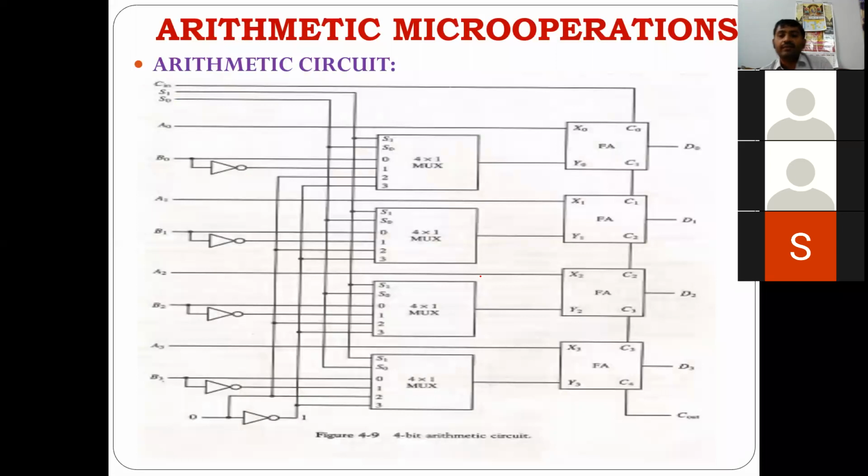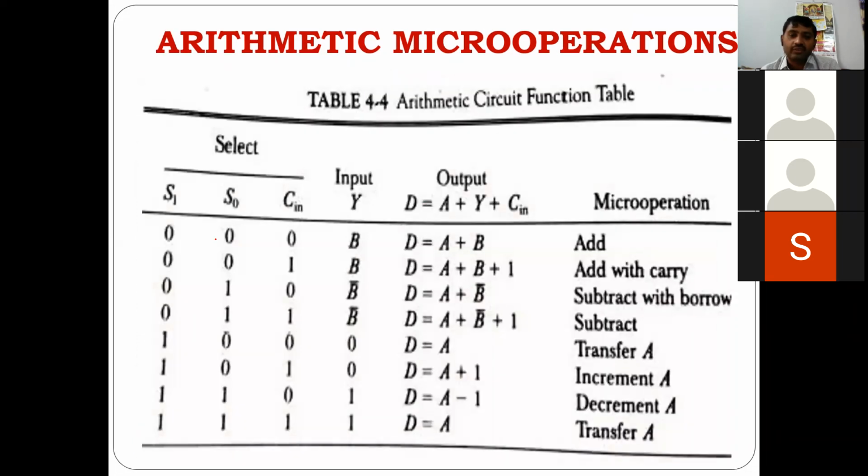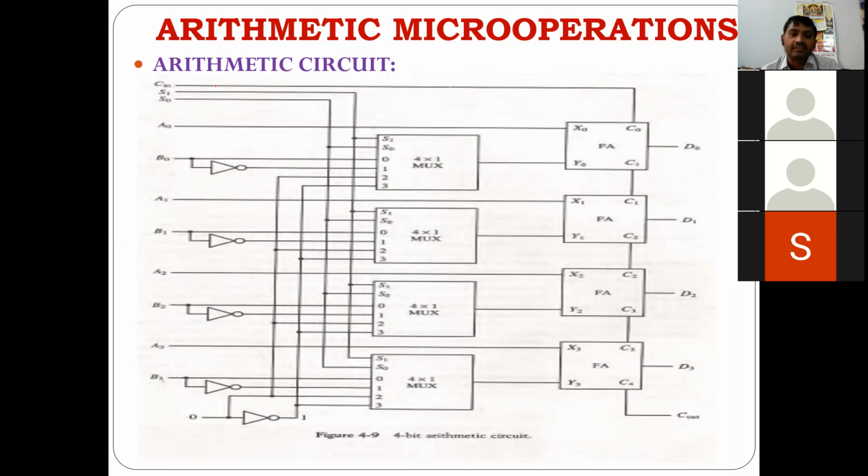So this is a typical arithmetic micro operation circuit. Here we have got 4 multiplexers and 4 full adders. The operation of this can be seen through a table. S1 S0 is 0 0 and carry in, and S1 S0 is used to select one of these multiplexers, right? And the B number is given through these multiplexers.